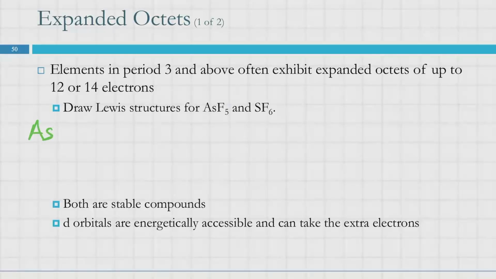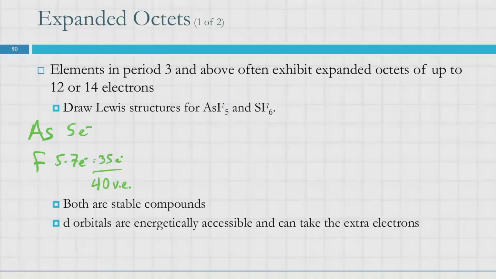If we look at AsF5, arsenic is going to have 5 valence electrons because it's in group 5A or 15. And then we've got 5 times 7 for our fluorines. So that's going to have a total of 40 valence electrons.